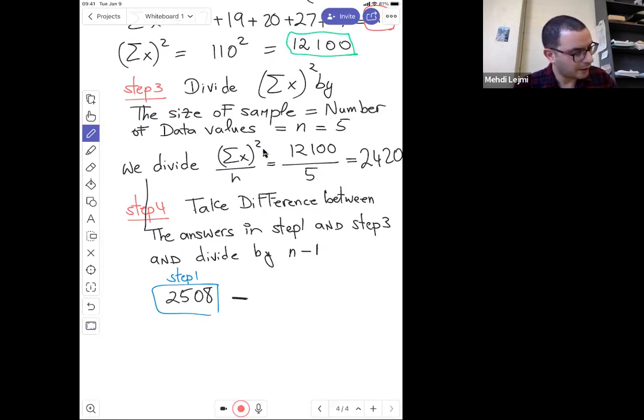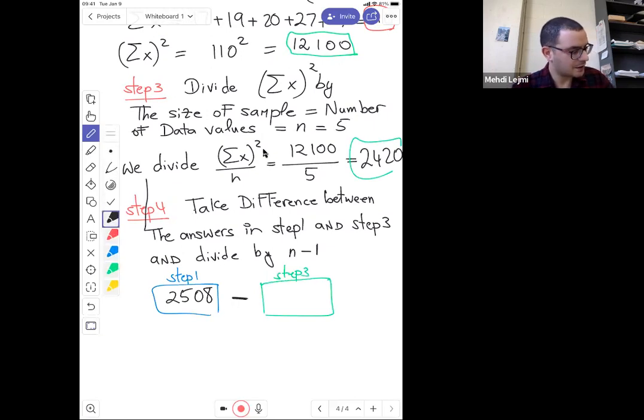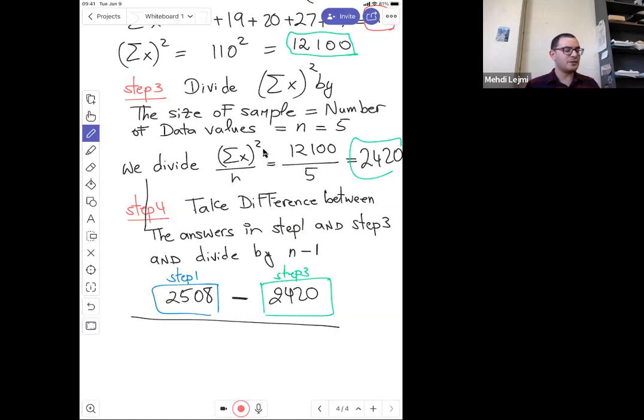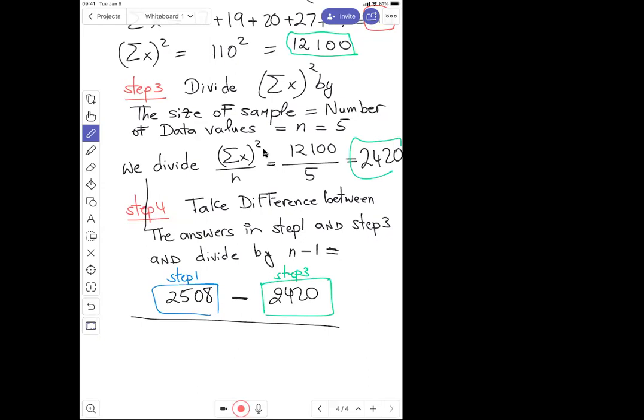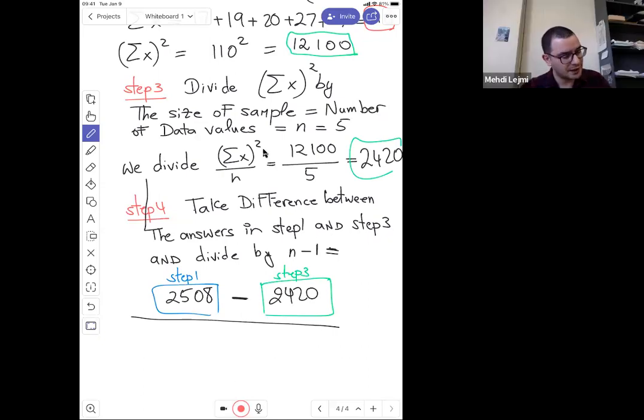In step 3, as you can see, the answer was 2,420, right? So this is 2,420 over, and then we said we divide by n minus 1. n, again, is the size of the sample. We have 5 numbers, but we need to subtract 1. So we need to divide by 5 minus 1. So that's 4. All right, so here we divide by 4.